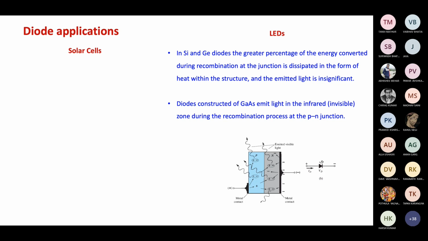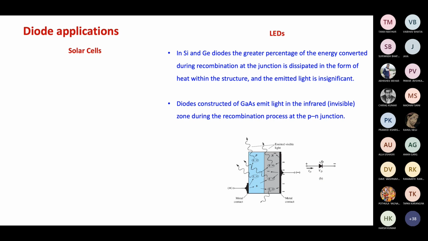Any kind of light can shine on the device, and if the frequency of the light is more than the frequency corresponding to the band gap of the semiconductor, then it can create an electron hole pair. But now we do not want this electron hole pair to recombine back, and we want to quickly separate the electron hole pairs so that we can produce a voltage across the device.